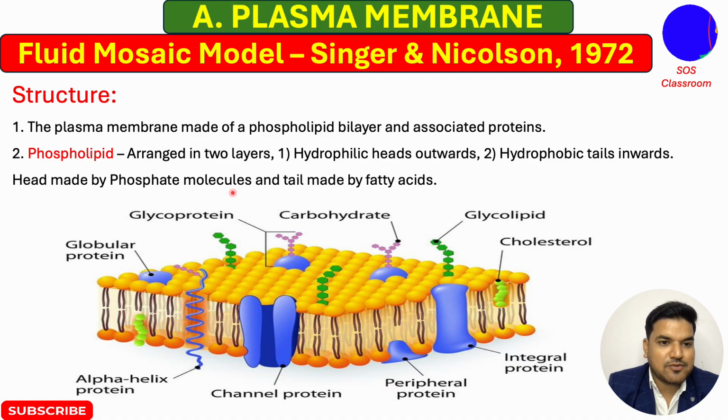The head is made by the phosphate molecules and the tail is made by the fatty acids. So you can see this is the plasma membrane, phospholipid bilayer arranged in head and tail: in the outer leaflet, head outside and tail inside, and in the inner leaflet, head is inside and tail is outside.